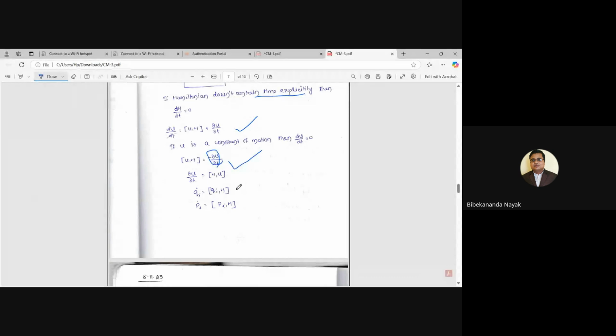So q dot can be written as the Poisson bracket [q,H]. p dot is written as the Poisson bracket [p,H]. If this term is 0, then obviously it is the Poisson bracket of that quantity.